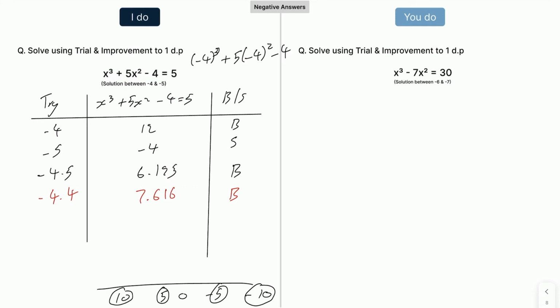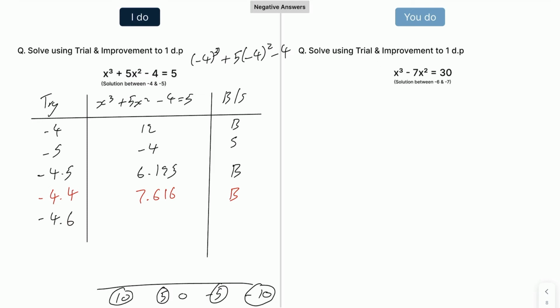So when you do that, you should realize, oh, I've made a mistake, and my understanding of negatives has gone wrong there. So if I want to make the answer smaller, I'd have to go -4.6 there.